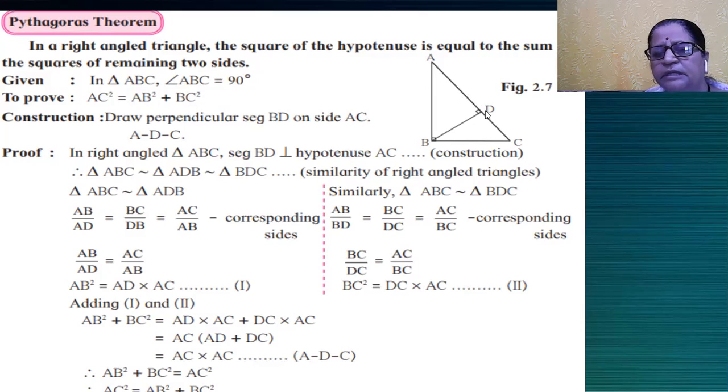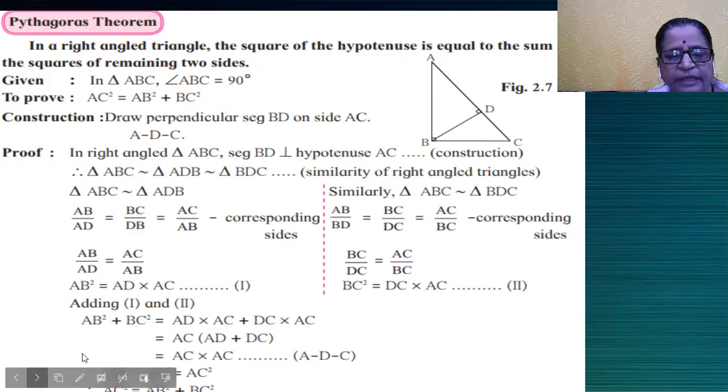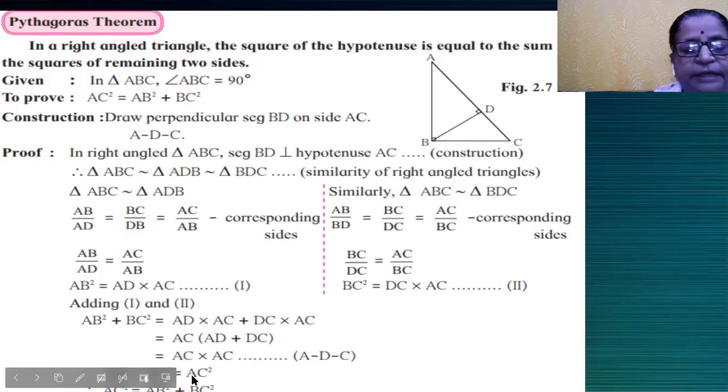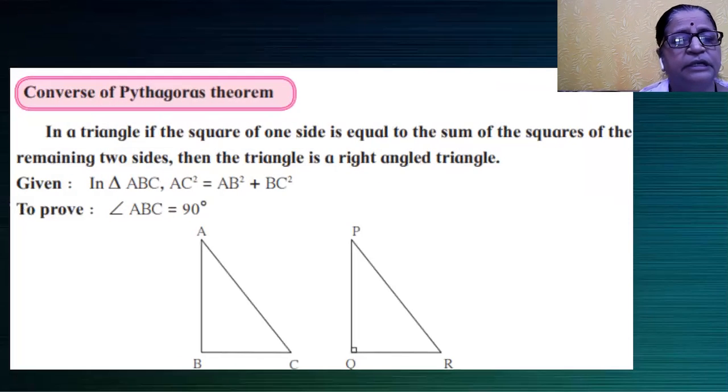AD plus DC is one whole side, that is AC. So AC into AC is equal to AB square plus BC square. Therefore AC square is equal to AB square plus BC square. It is proved.